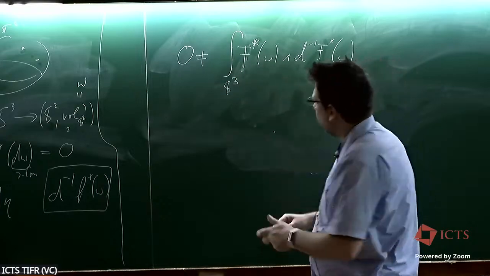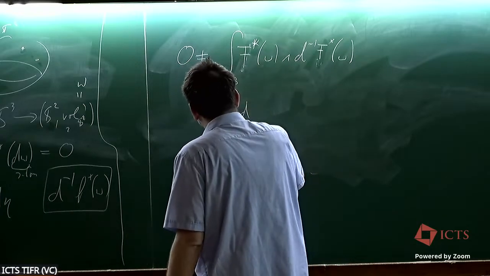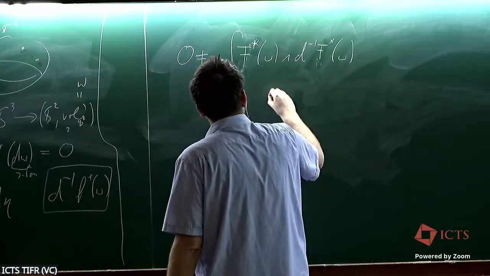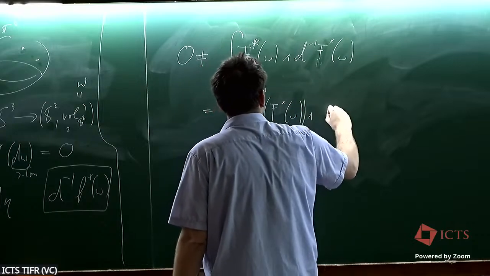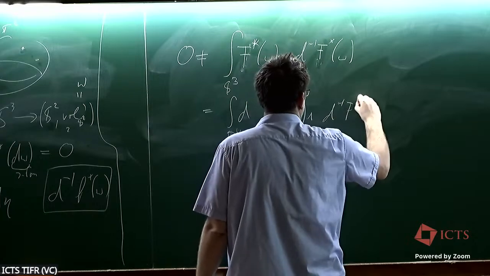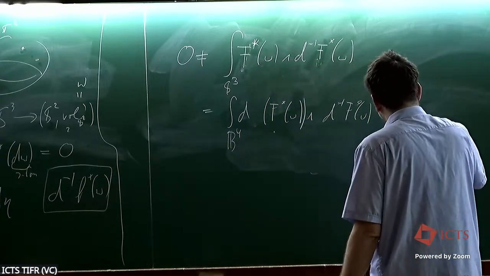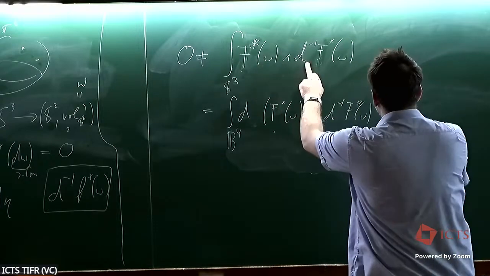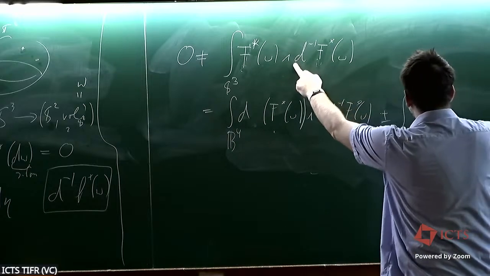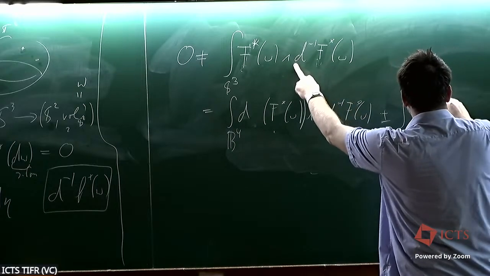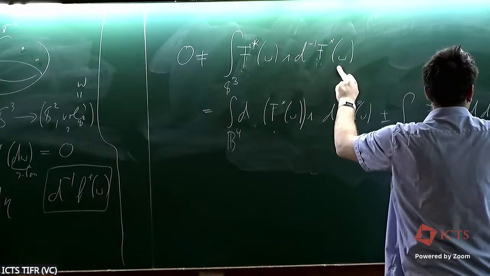Okay? Anyways, so 0 is not this. Now we use Stokes. So Stokes, okay, we have two terms. We go to B4. We have D F star omega, wedge D inverse F star omega, plus, so the D hits this, and then there's plus or minus, I never know, doesn't really matter. And then we have D F star omega, wedge D inverse F star omega.